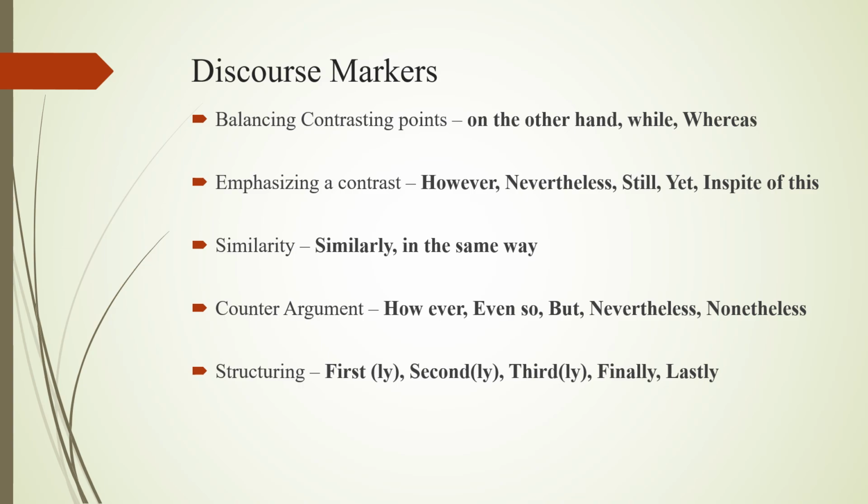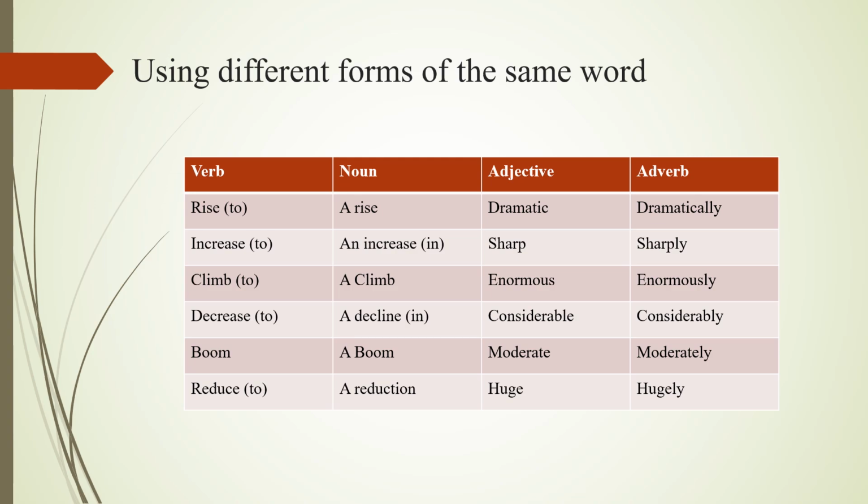And structuring the sentences can be done using words like first, firstly, second, secondly, third, thirdly. And to present the last point, finally and lastly can be used. Using different forms of the same word can make a sentence look better.